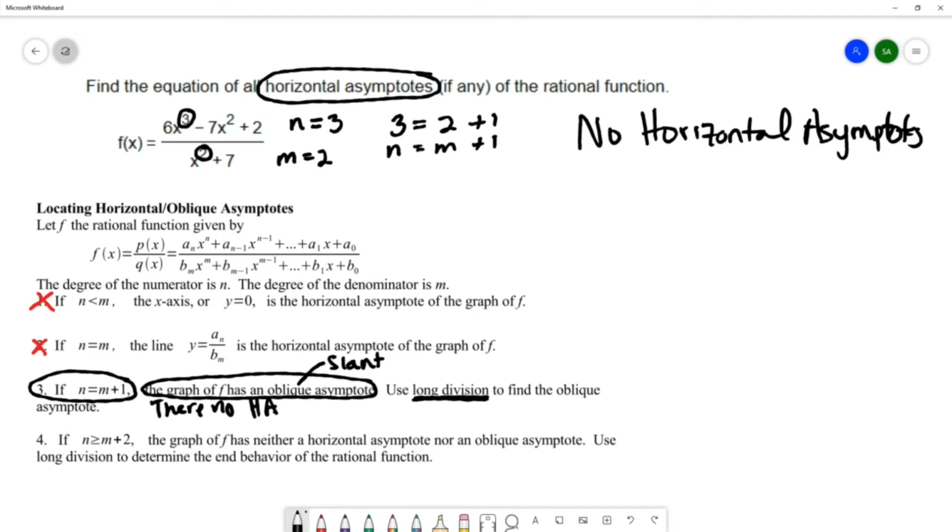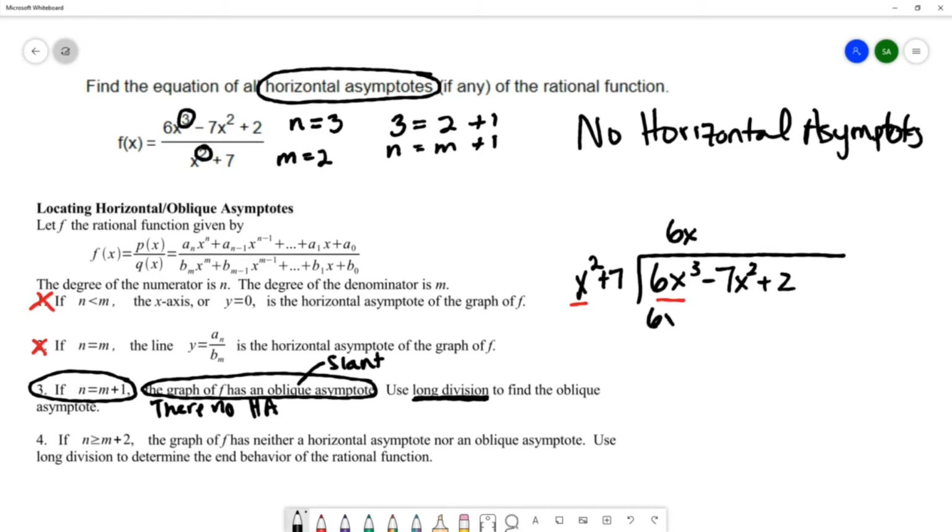So what you would do is you would take the denominator x squared plus 7, and you would divide that into the numerator, 6x cubed minus 7x squared plus 2. And you're going to match x squared with 6x cubed by multiplication. So I would multiply by 6x.